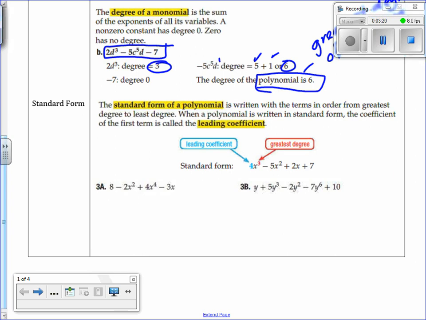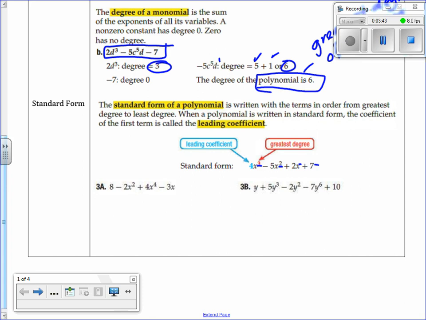So when we talk about standard form of a polynomial, let's talk about how we write these correctly, okay? Basically what we do is we look at the greatest degree and put it in order. Our constants basically get placed at the end.